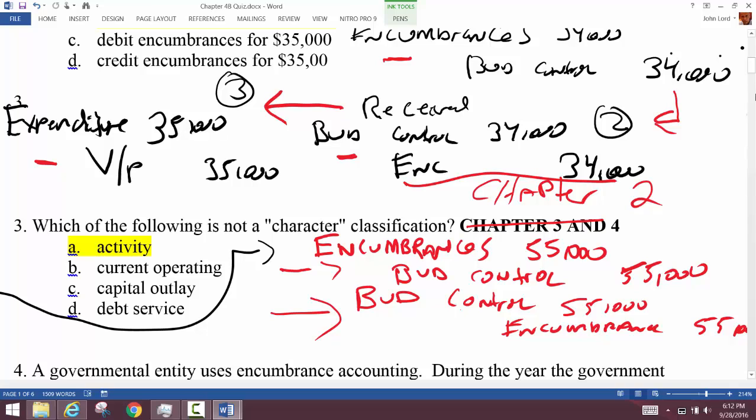And so if we put the characterization on there, activity is not considered a character designation. Activity is an activity, like building inspection, right? If we're talking about police, patrols or something is an activity. We could put that label on our expenditure, but that is an activity label, not a character label, right?